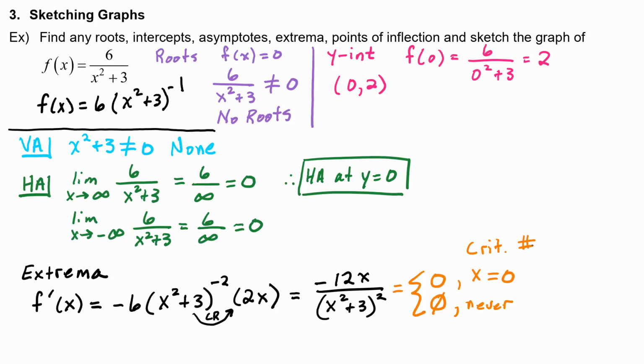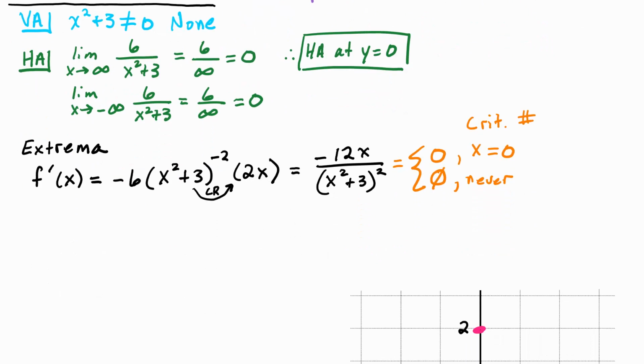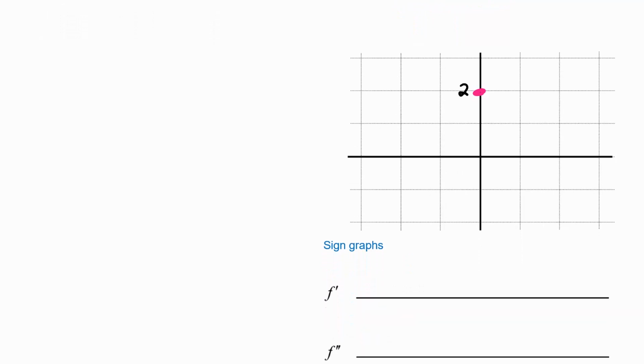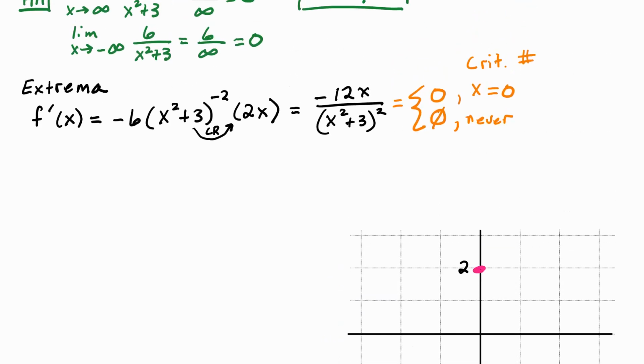So we're going to put that onto our sign line graph for f prime. We line up x equals 0, put that on there, and we know the derivative is 0 there. Now we pick a test point over here of negative 1, and if we plug negative 1 into the derivative, the numerator will become positive.